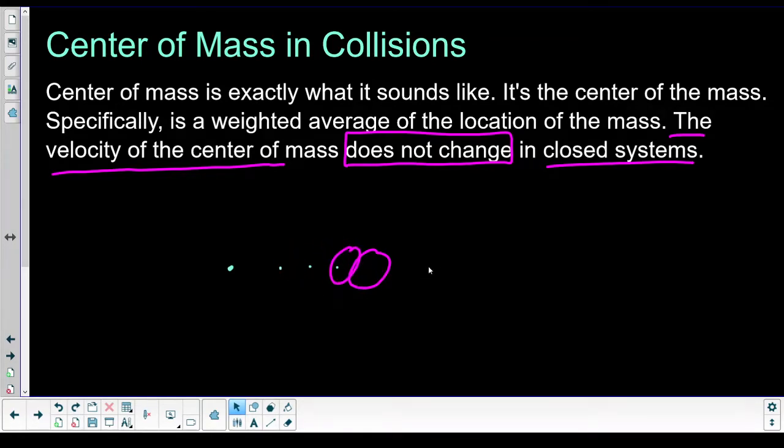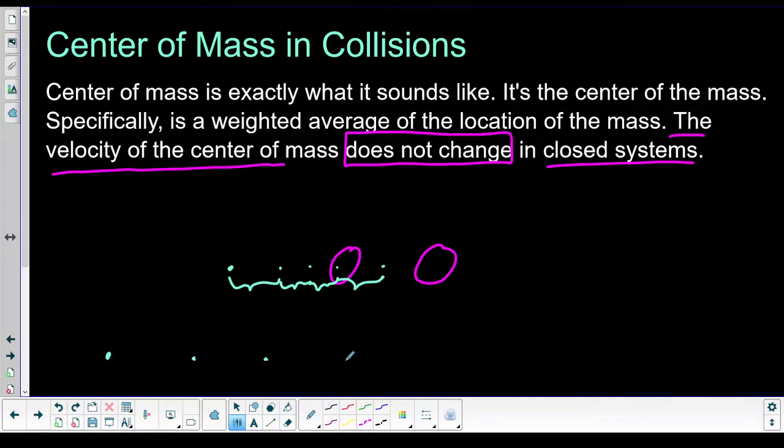This one stops, and this one will move. Our center of mass is right there. This distance, I didn't draw it very well, should be the same every time. The center of mass, before and after the collision, should be going the same distance every single time.